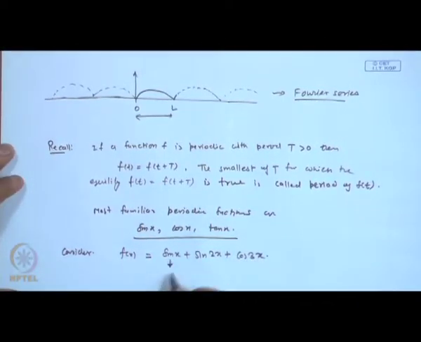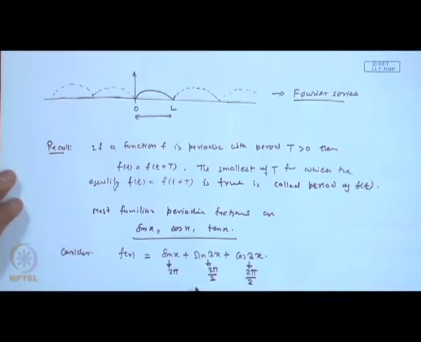What is the period of this sin x? It is 2 pi. The period of the sin 2x is 2 pi divided by 2, and the period of this cos 3x is 2 pi divided by this frequency 3, so we have 2 pi by 3.